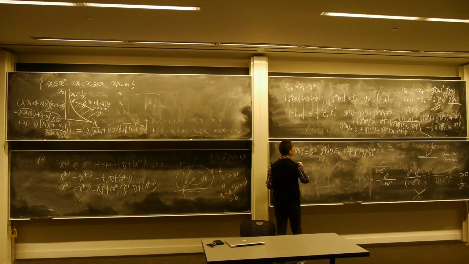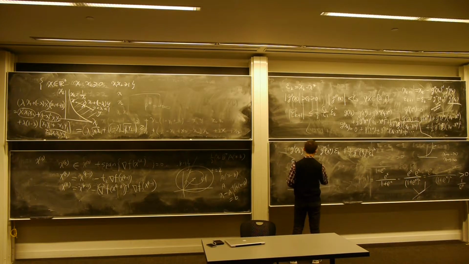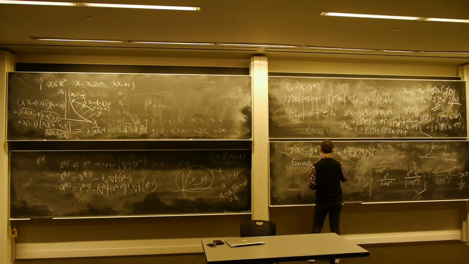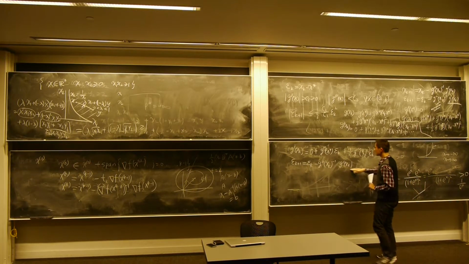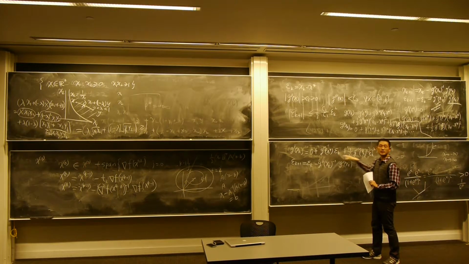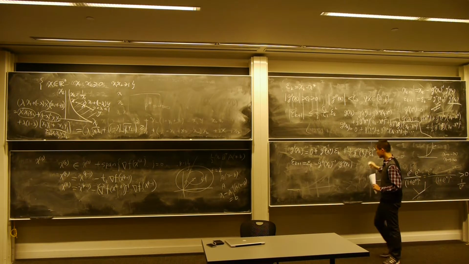We also have the update rule, which says epsilon k plus 1 equals epsilon k minus g double prime xk inverse g prime xk. So we substitute g prime xk by its Taylor expansion.